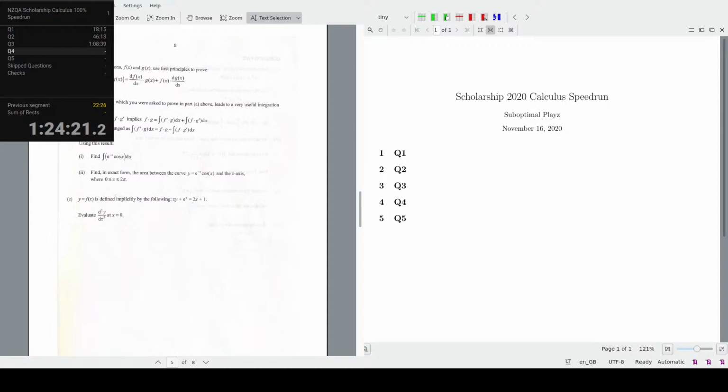Alright, let's just differentiate with respect to x, whatever. So you get, by product rule, y plus x dy on dx, plus e to the y dy on dx is equal to 2. Alright?